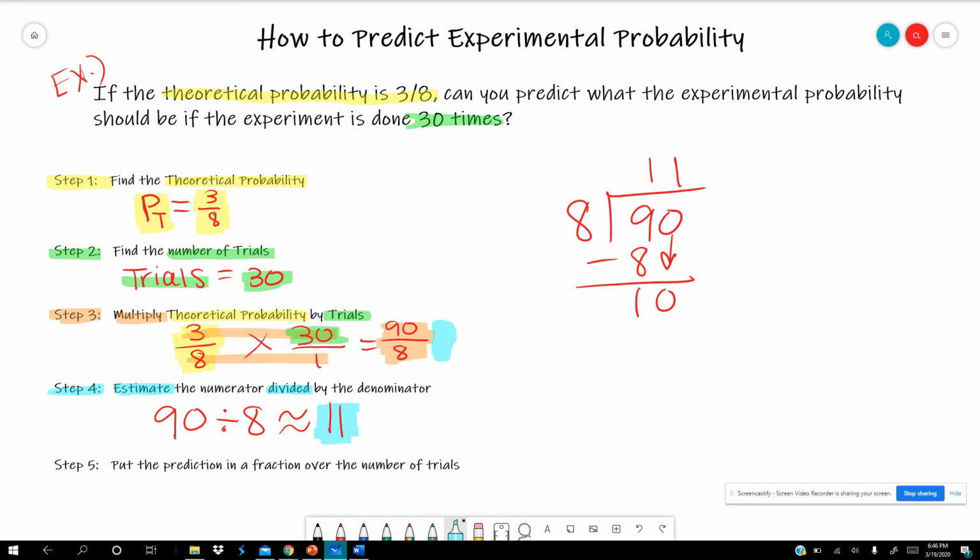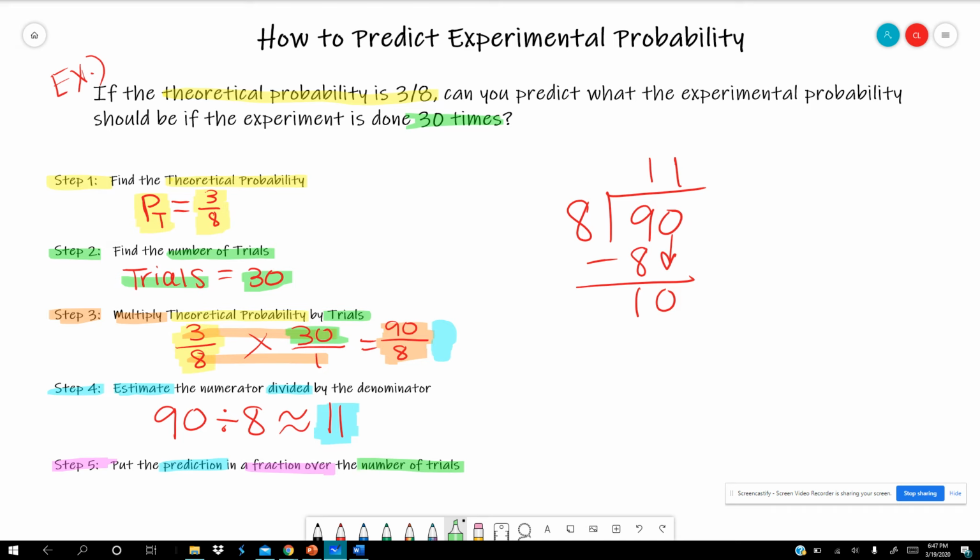That's our prediction. In step 5, let's do pink. Step 5 is put the prediction, which was this in blue, in a fraction over the number of trials. And trials we had in green, so number of trials. So that's what we're filling in.